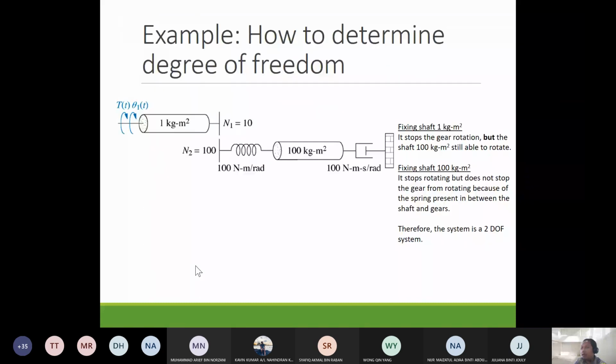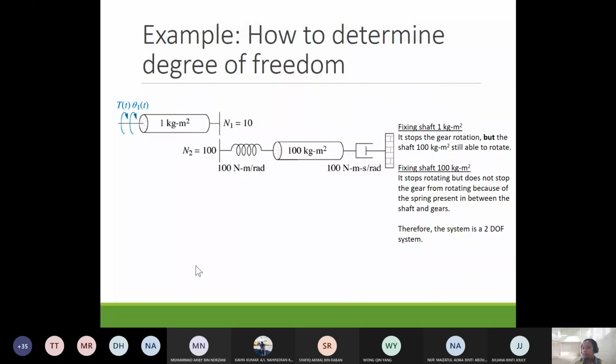There are some cases that when you transfer the impedance, it doesn't reduce into a 1 degree of freedom system. So before you transfer the impedance, you need to determine whether the system is 1 degree of freedom or more degrees of freedom.